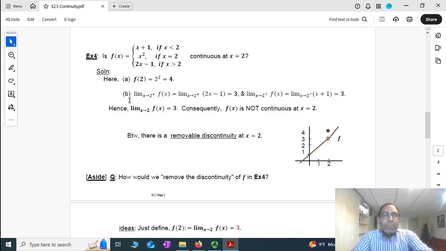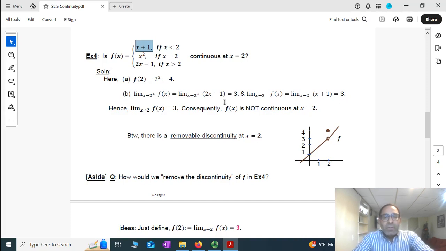And next I'm going to compute the limit. So first, the right hand limit of f as x approaches 2 from the right. It turns out to be from the third branch of the function. The answer is 3. Similarly, the left hand limit of the given function as x approaches 2 from the left side, from this first branch of the function, turns out to be 3.